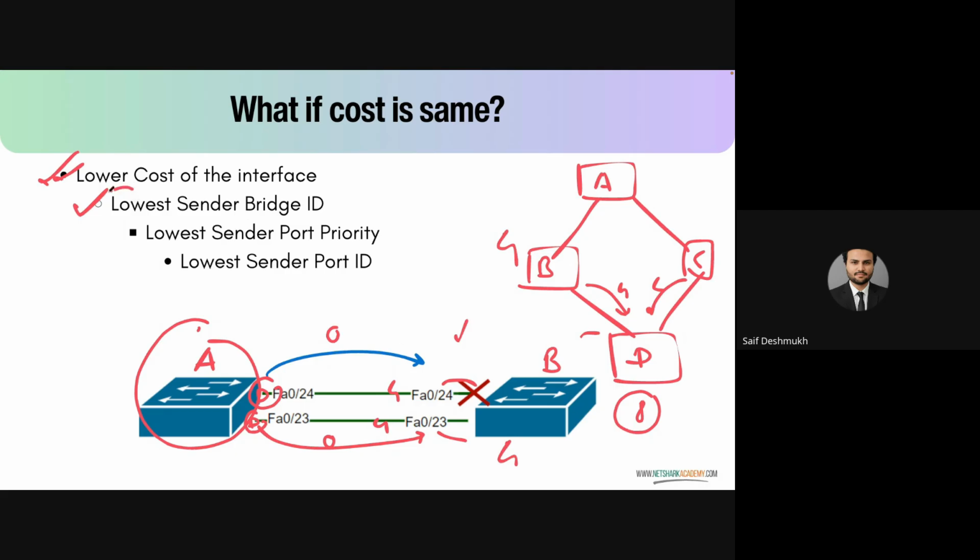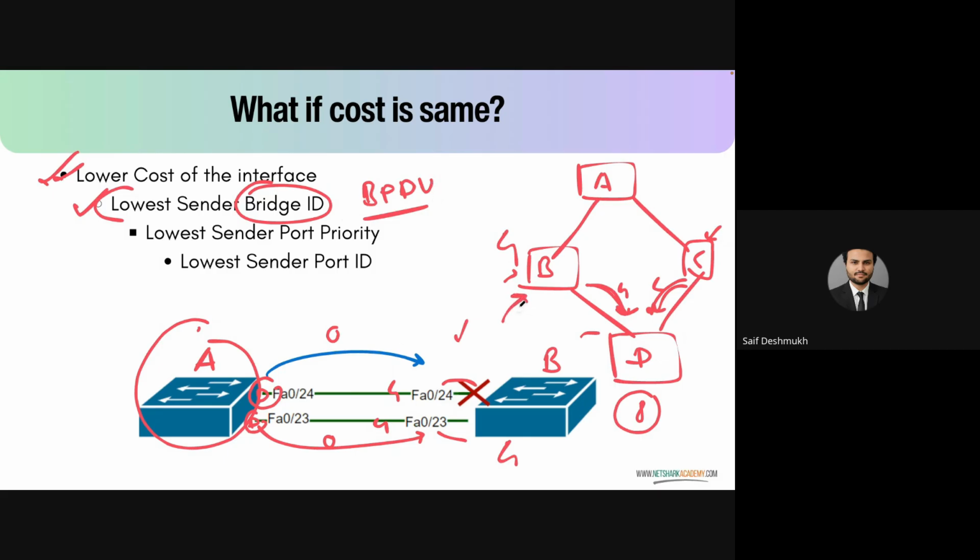At this moment, it's going to compare what? The BPDUs that it is receiving on both interfaces. In them, it's going to look at the sender's bridge ID, not the root bridge ID, but their bridge IDs.